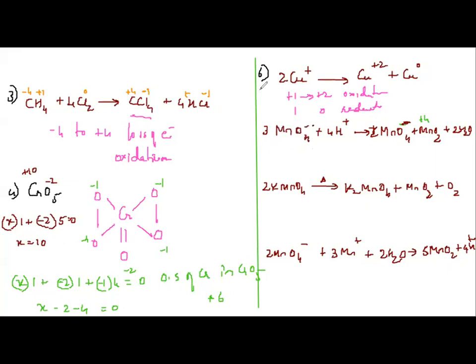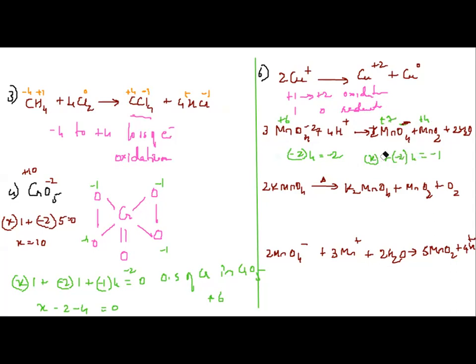in MnO4 2-, x plus minus 2 into 4 is equal to minus 2. So minus 8 moves to the other side and becomes plus 6. So here Mn is plus 6. In MnO4-, x plus minus 2 into 4 is equal to minus 1, so it becomes plus 7.